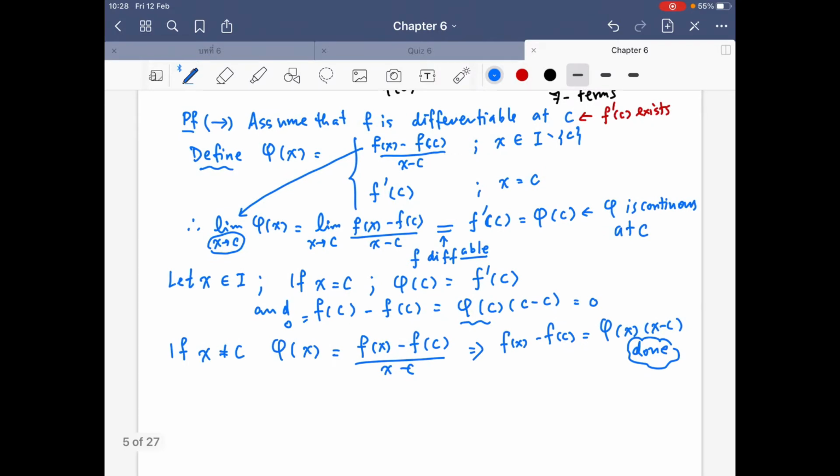Let us look at the other way around. If you assume q and try to prove p, okay.